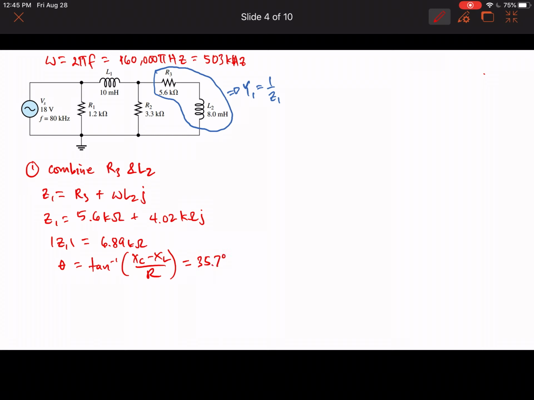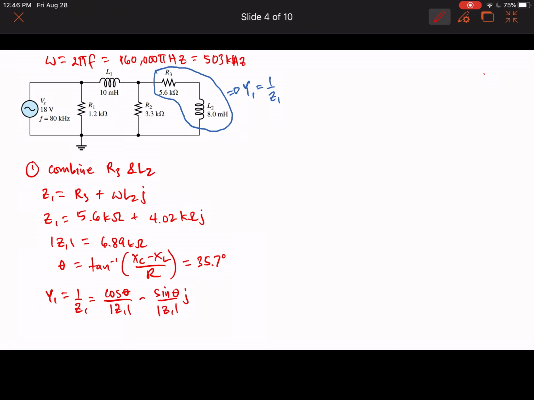35.7 degrees. Okay, so now we can get Y1, and this is the reciprocal of Z1, and we already know how to solve it from the previous problem. So this is the absolute value of cosine theta over the absolute value of Z1 minus sine theta over the absolute value of Z1 j hat.